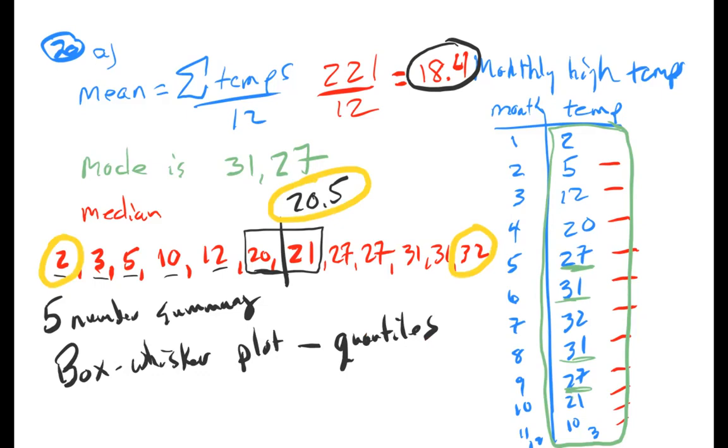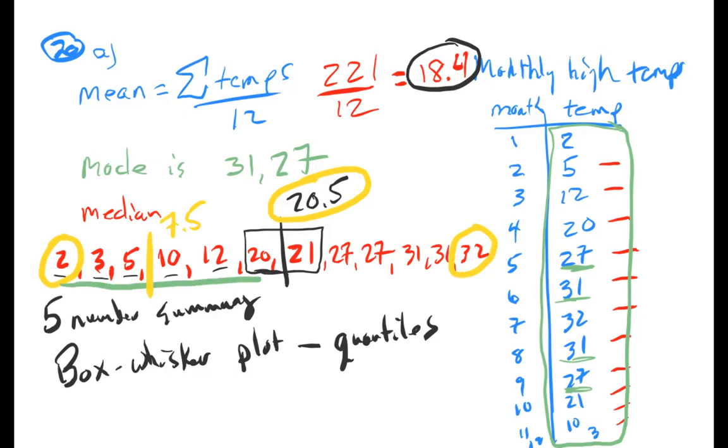Now, what we have to do is find the median of the lower half and the median of the upper half. If this is my lower half right here, there's 6 numbers. I think my median of my lower half would be right here, wouldn't it? So that would be 7.5, the average of those 2 middle numbers.